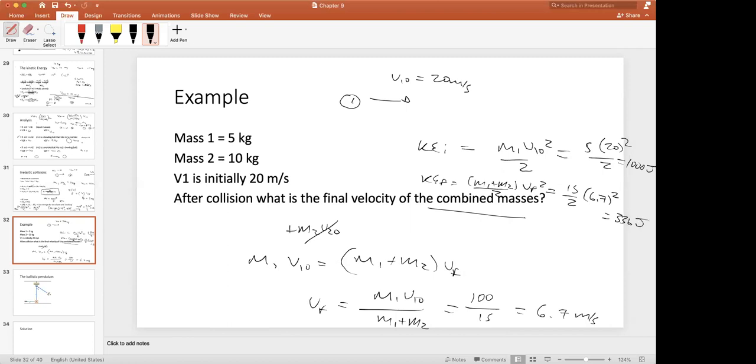The change in kinetic energy is the energy lost, kinetic energy final minus kinetic energy initial, 336 minus 1,000. And that ends up being 664 joules negative. So it lost 664 joules of energy sticking together.